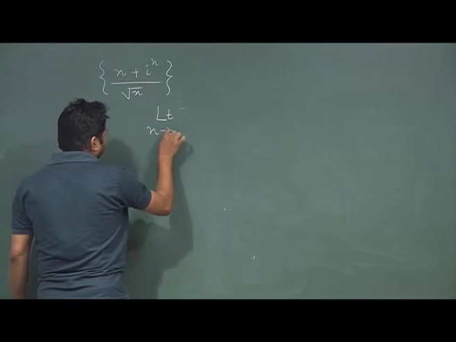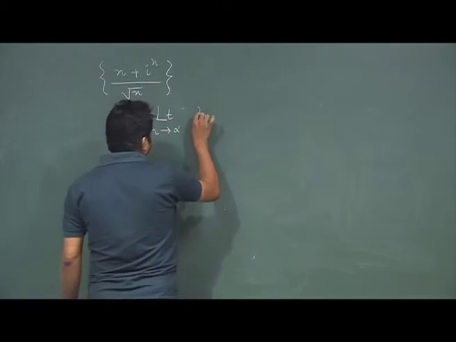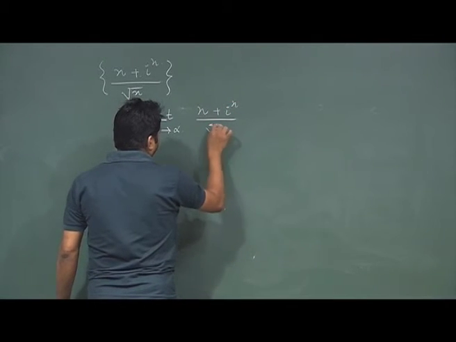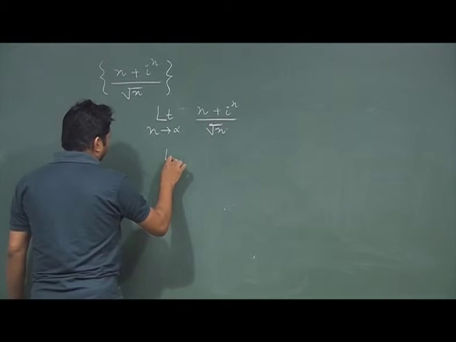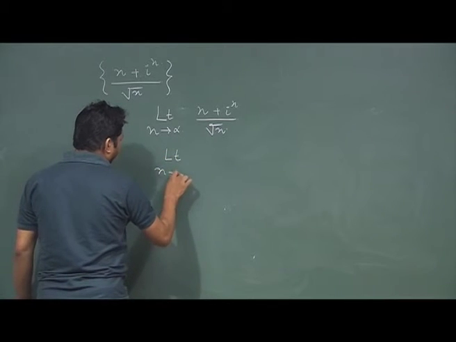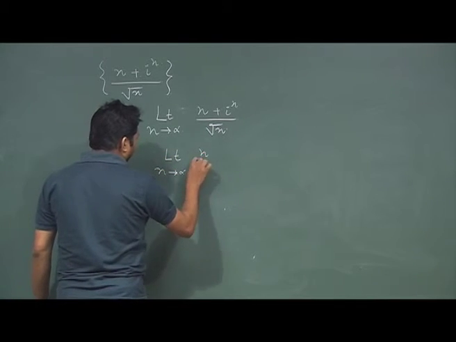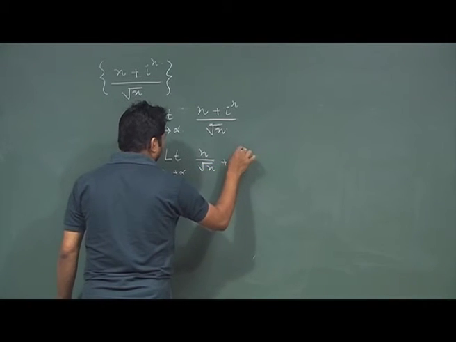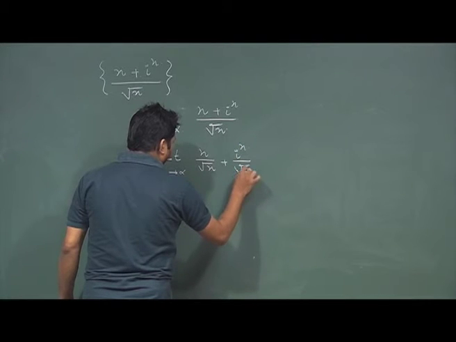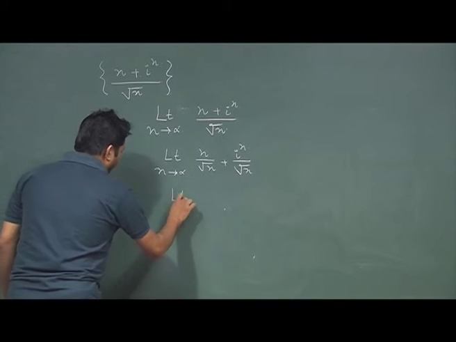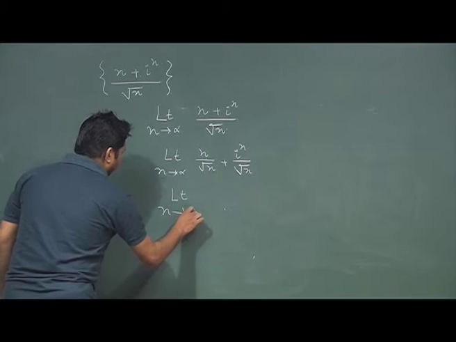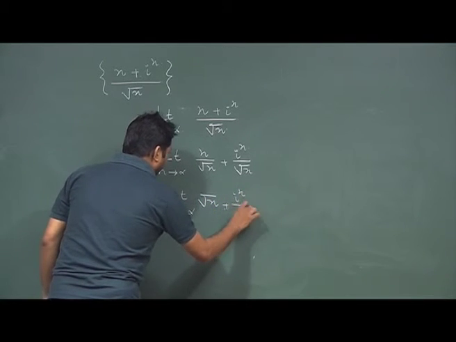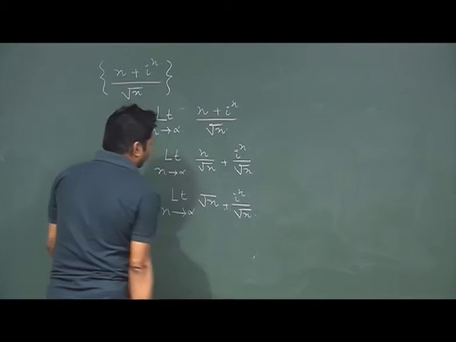The limit as n tends to infinity of n plus I to the power n divided by root n, I can separate into two parts: root n plus I to the power n by root n.